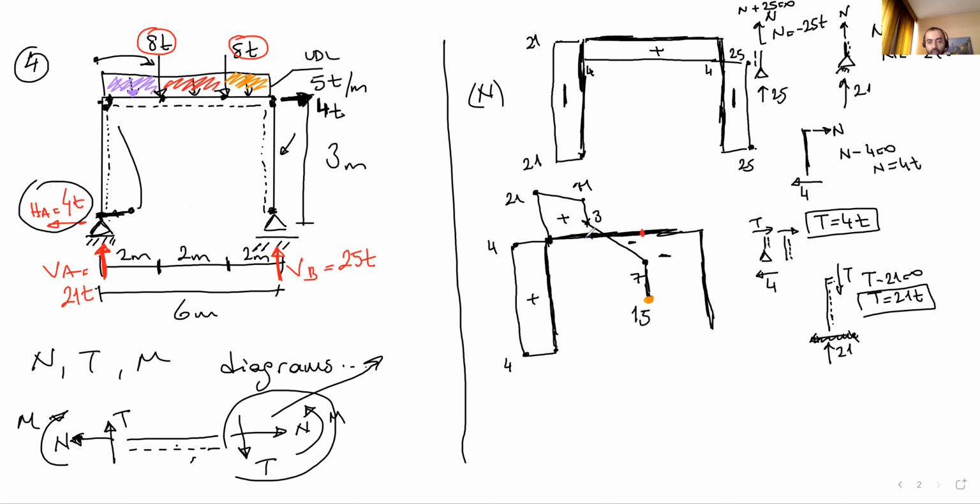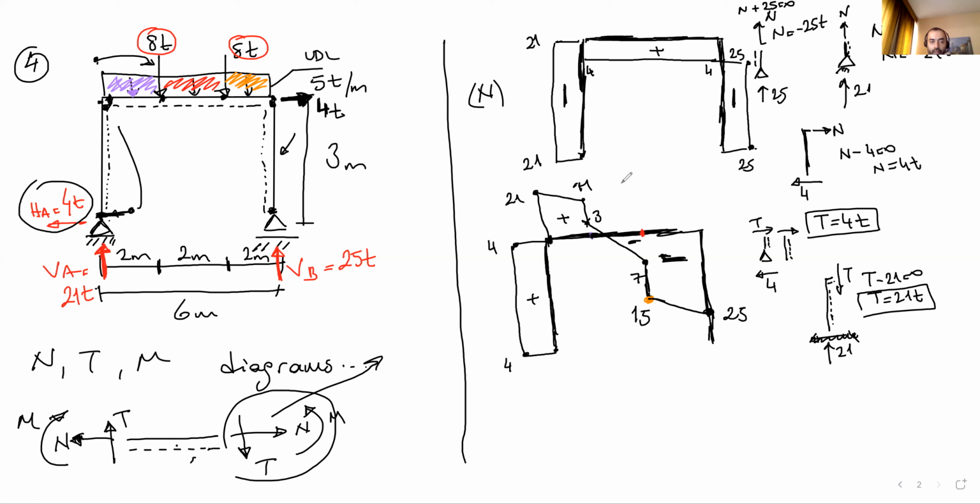I'm gonna go down again 10. So here, it's going to be 25. Since this is a uniform distributed load, I'm going to connect them to each other with a line, and this is the negative portion.